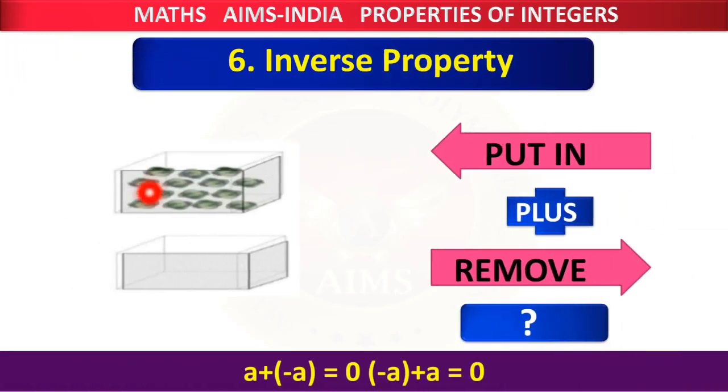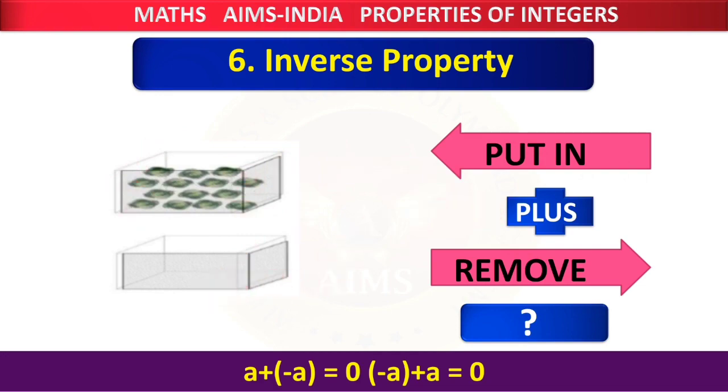What does inverse mean? Inverse means the reverse. For example, here I put some leaves in this box, and then I removed all those leaves from the box. When I put in and remove the same number of leaves from a box, what will my answer be?